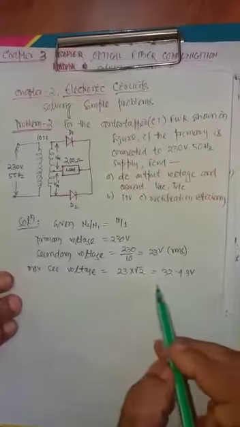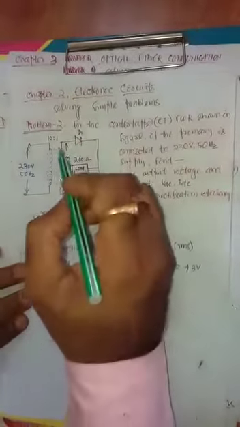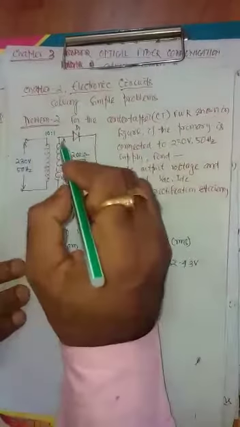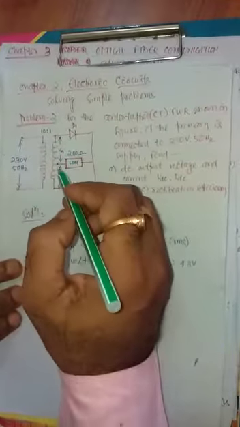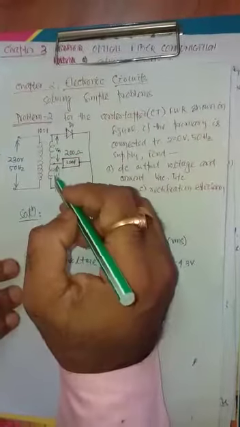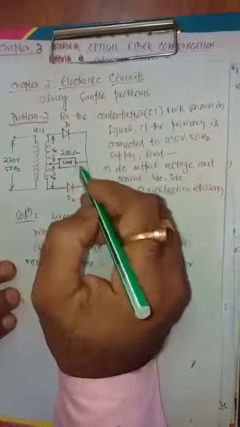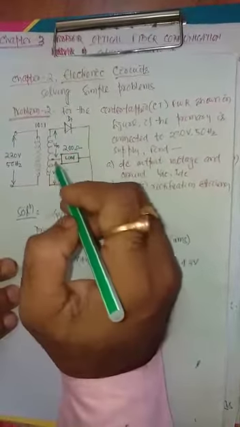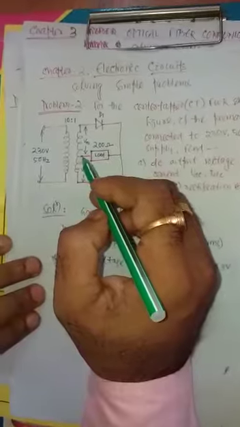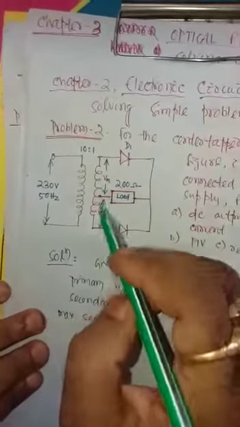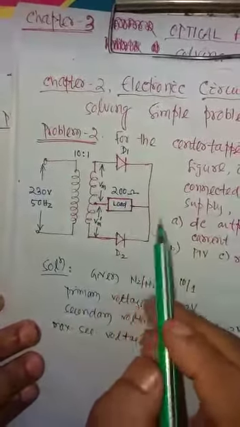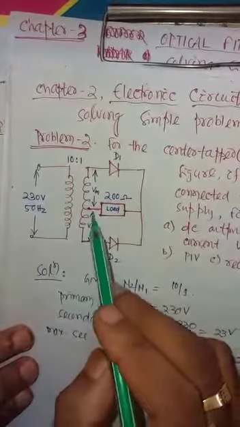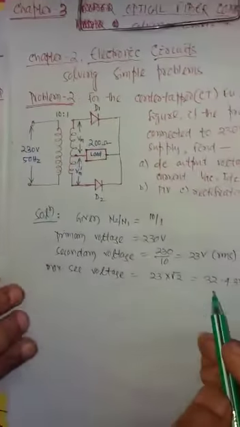This maximum voltage is applied across the entire secondary, and half of it is applied across one half of the secondary and the other half across the other half, because the load is connected between one end and the center tap of the secondary, and for the next half cycle of the input, it is the other end of the secondary and the center tap point.